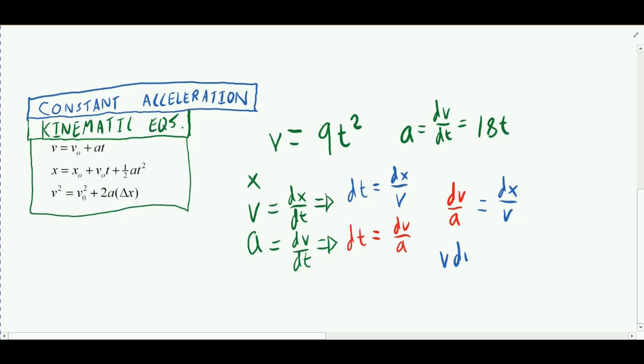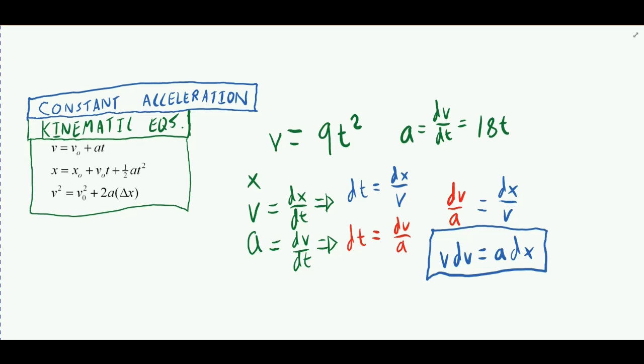V dv equals a dx. So this is also an equation that we might see or might need to utilize when we are solving problems for dynamics. V dv equals a dx.